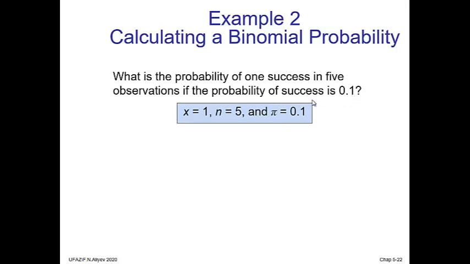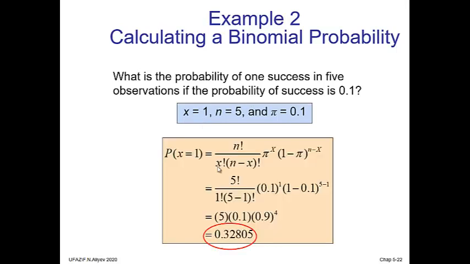Automatically, if they say the probability of success is 0.1, it means that for all observations it's 0.1. 5 observations, so n equal to 5. Probability of success is 0.1, pi equal to 0.1, and 1 success, so x equal to 1. Now our work is just to plug it into our formula and calculate the answer.